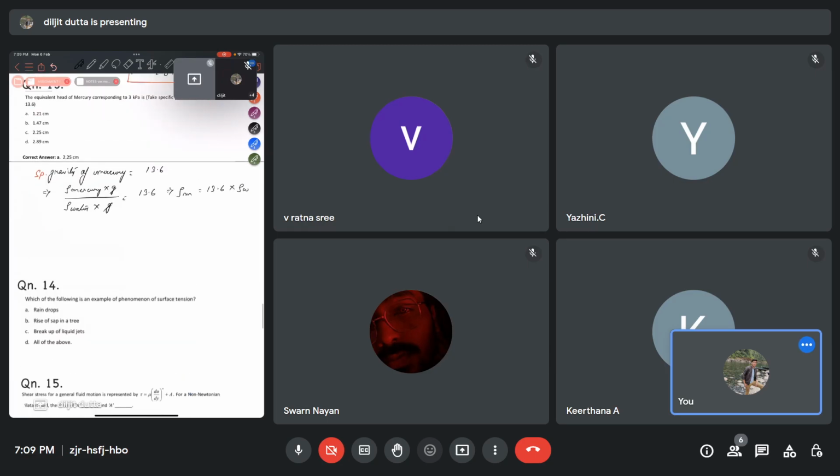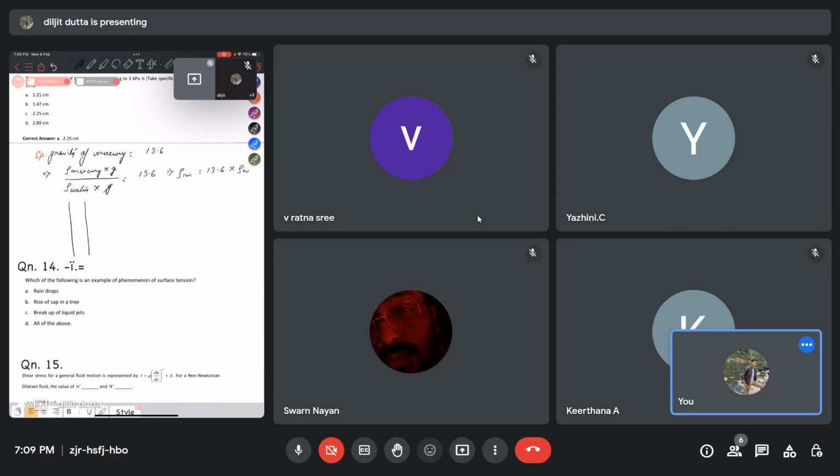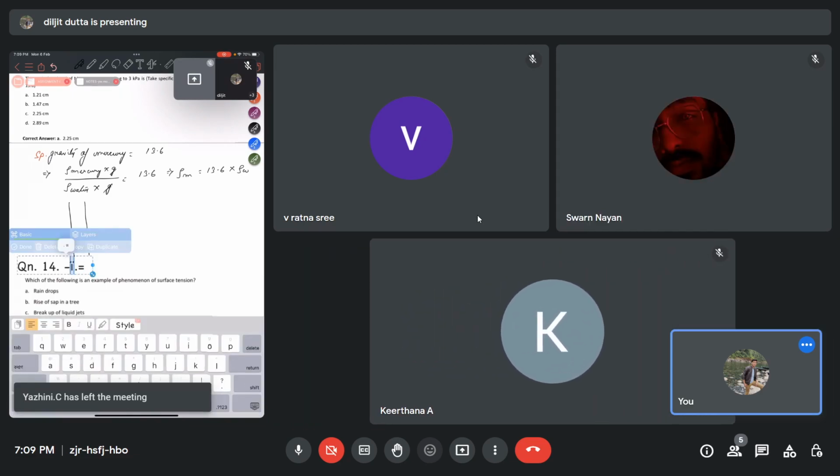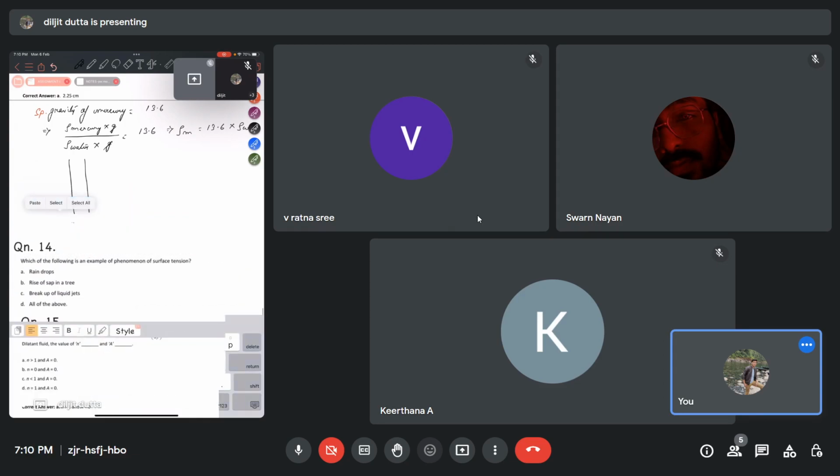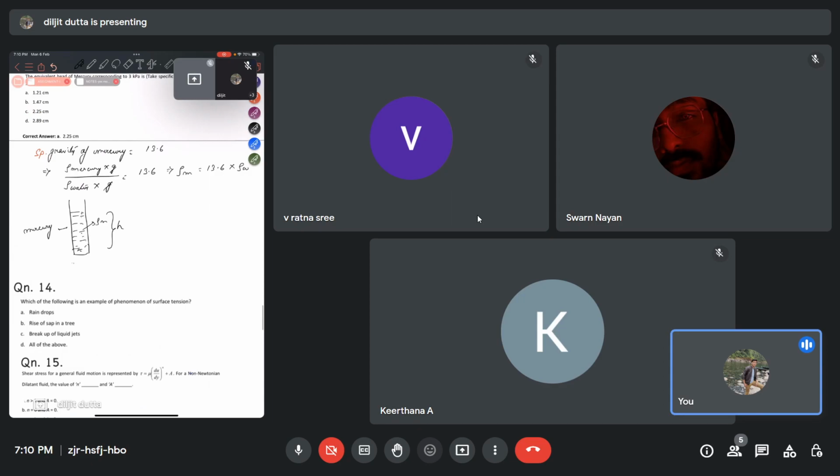If we take a column filled with mercury, this is rho mercury and this is H. The pressure that will be exerted by this column of mercury at the bottom, so P bottom is given as rho m g H.